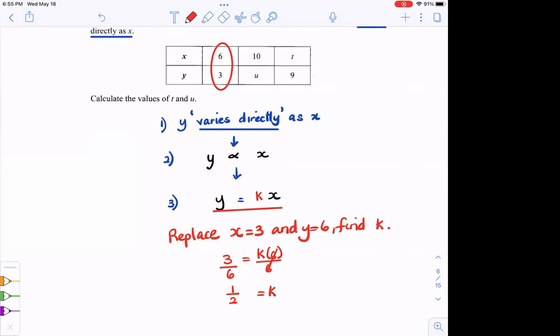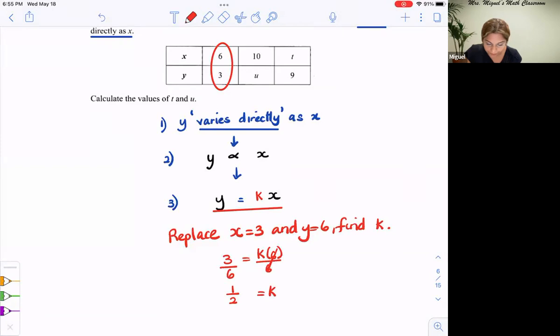Yes, miss. All right. Now let's go through it again in case you all didn't get it. Wherever I see y, I am replacing it with this value 3. I do not know the value of k. K is the unknown. I am trying to find k.